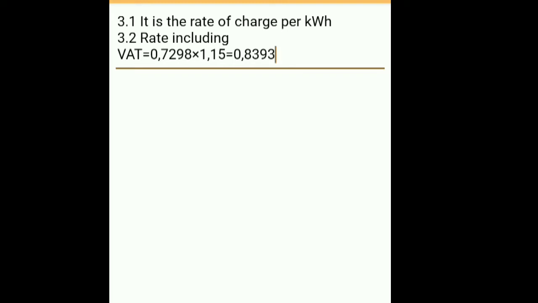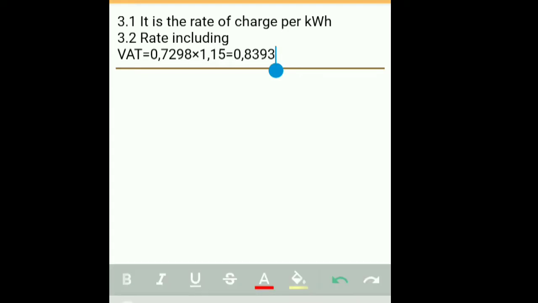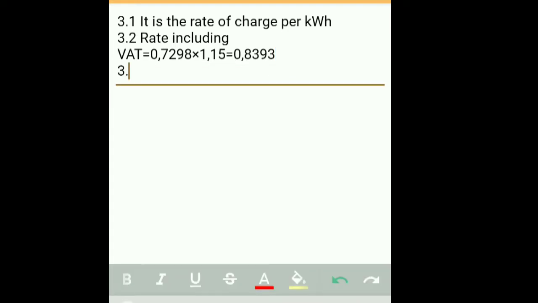The real answer is 0.83927, but we rounded it off, then we got 0.8393. This is how you do it guys. So we are going to the next question now, which is 3.3.